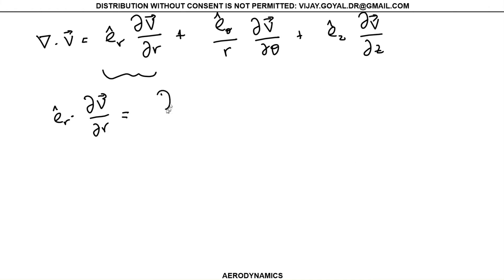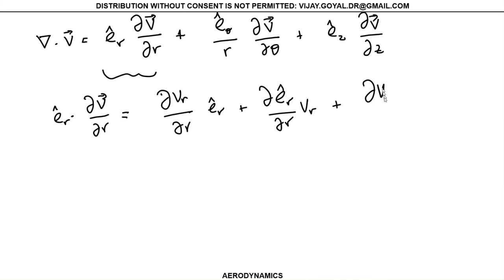So that will be partial of v_r with respect to r, e_r, plus partial of e_r with respect to r. We have to use the chain rule. Remember that. And then the second term will be partial of v_theta with respect to r, e_theta, plus partial of e_theta with respect to r, v_theta. I'm sorry, this is all with respect to r. We are doing this all with respect to r.